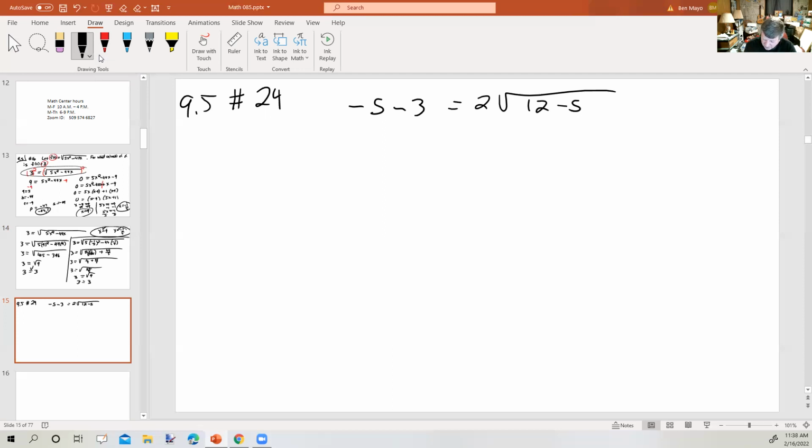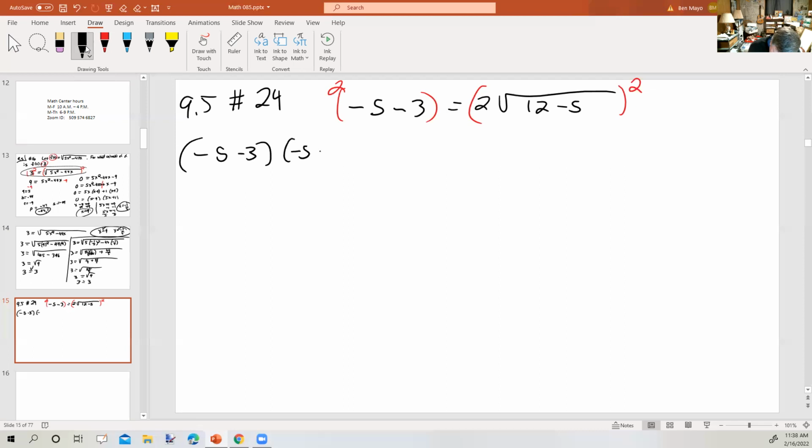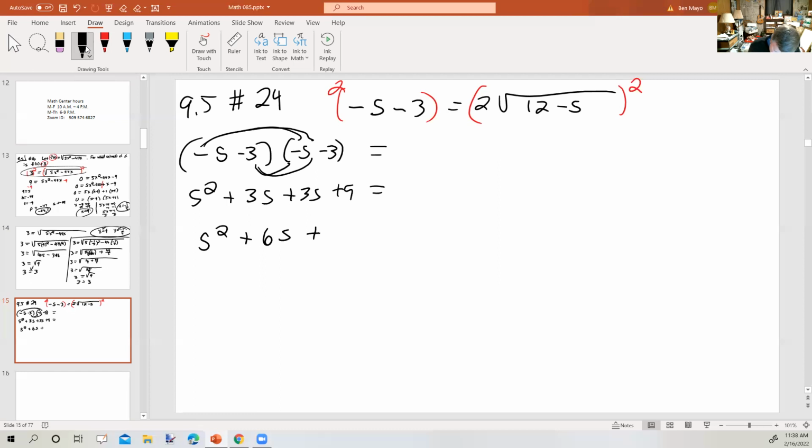We could divide both sides by 2, but I'm going to hold off on that because that's just going to complicate things on the left side for now. So what am I going to do? I'm going to square both sides. On the left, I get negative s minus 3 times negative s minus 3, which is s squared plus 3s plus 3s plus 9, which is s squared plus 6s plus 9.